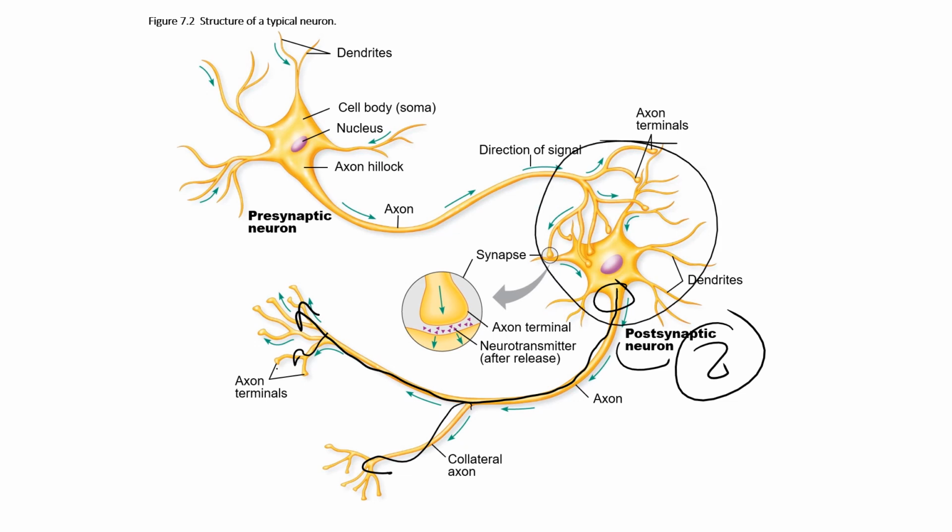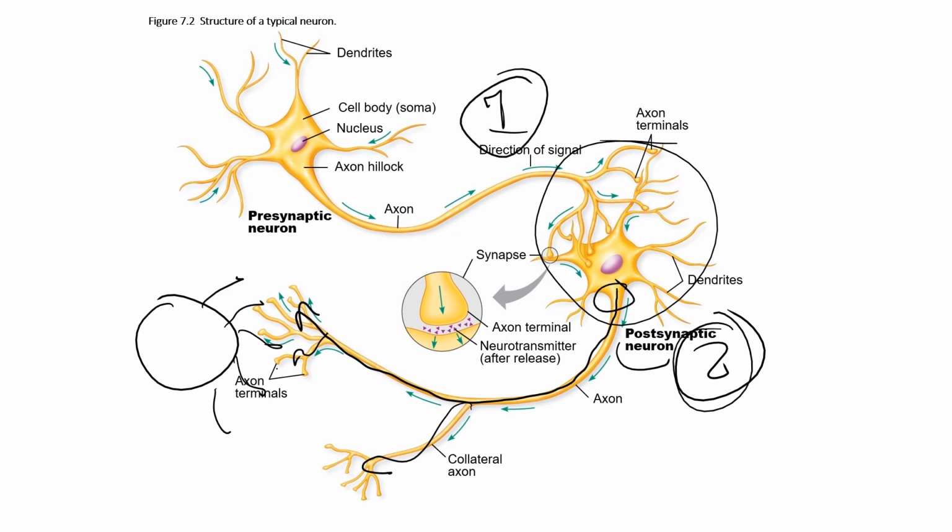Neuron number 2 is the postsynaptic neuron, but when you start talking about the neuron that neuron number 2, the postsynaptic neuron, hooks up with, which we'll say is over here, now the postsynaptic neuron becomes the presynaptic neuron, so I just prefer to number them. So this is neuron number 1, this is neuron number 2, and over here we have neuron number 3. What I'm showing you is its cell body, its dendrites, and here we'll say is its axon.